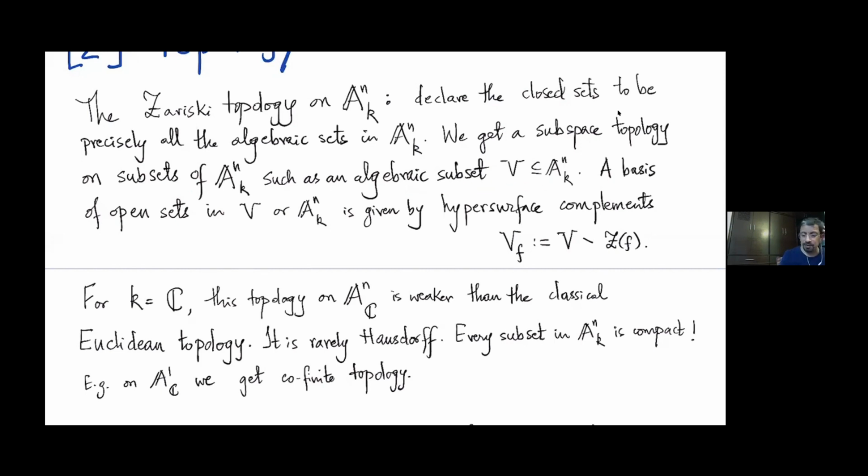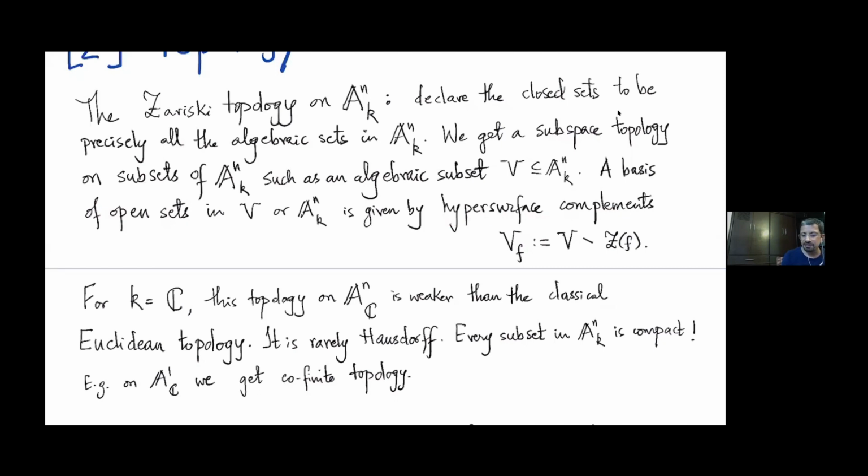And moreover, this topology has a feature that its smallest open sets, so a basis of open sets, are basically complements of largest closed sets. And what are the largest closed sets in A^n_K? Those are given by the least number of equations. So those are the hypersurfaces, given by one equation. Therefore, the complements of such hypersurfaces are your smallest open sets in this topology.